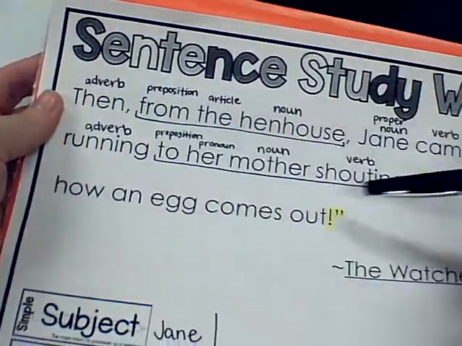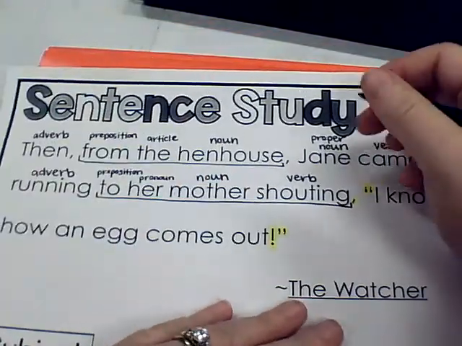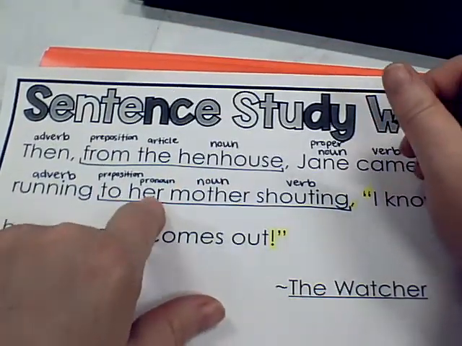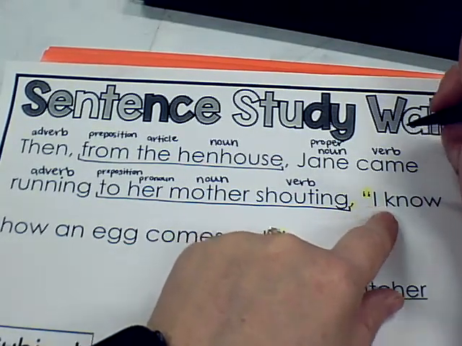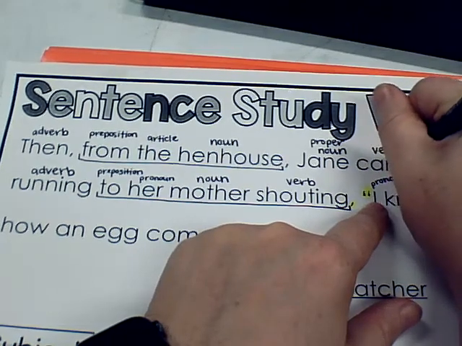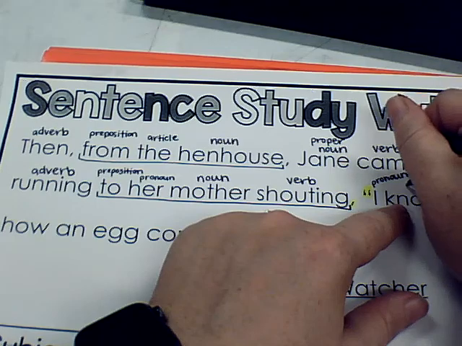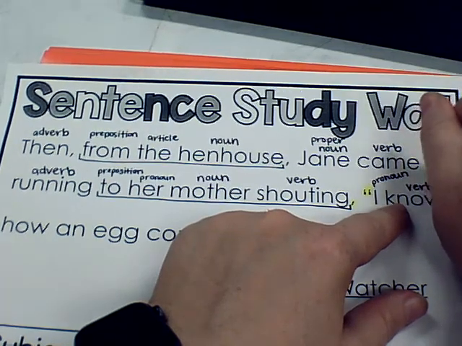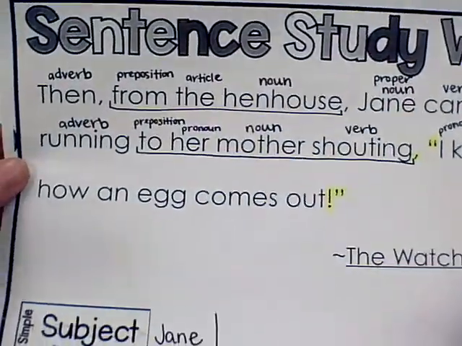I know how an egg comes out. So that starts our quote. I is a pronoun because it replaces Jane. So instead of saying Jane knows, she replaced her name with I. So it's a pronoun. Then know is a verb. It's an action. So she is knowing. So I'm going to put these down here.